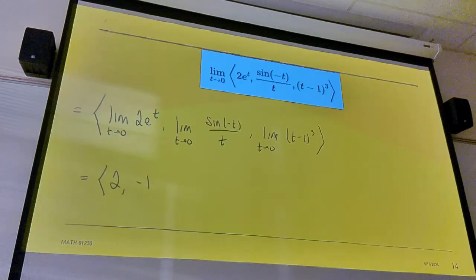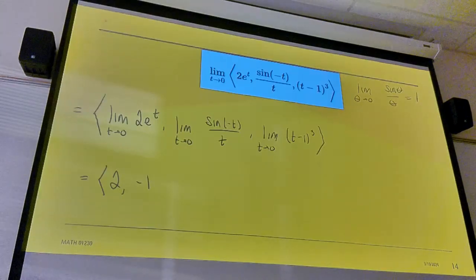Why would you want to do that? You know that limit. It's just one of those givens we should remember. It's a special limit from Chapter 1.